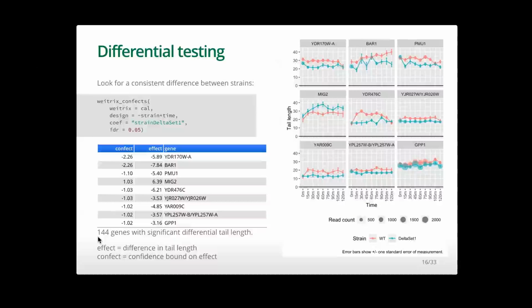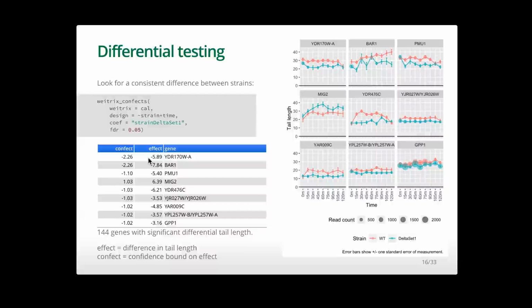So what this looks like, we're a little bit limited in what we can test with this linear model, but this is looking at the difference between the two strains that's consistent over time, and we get an effect estimate.